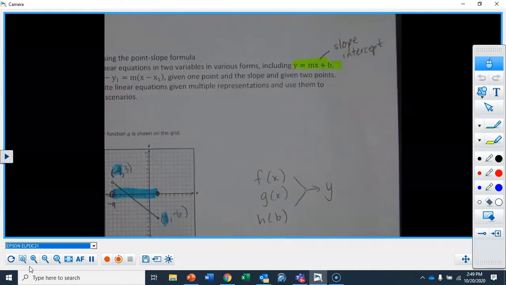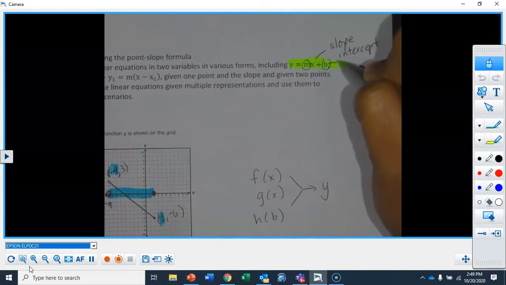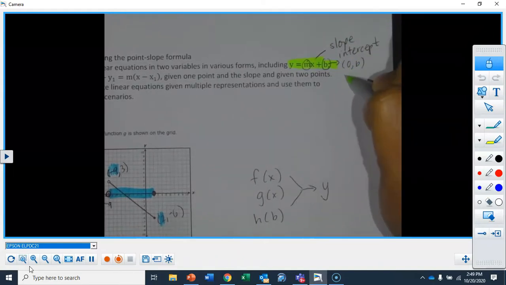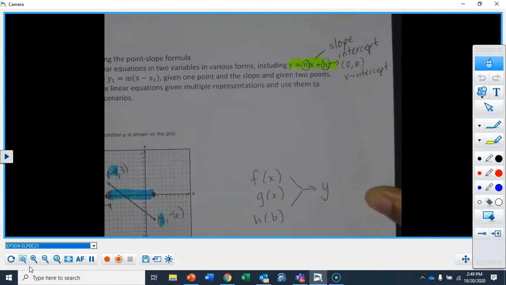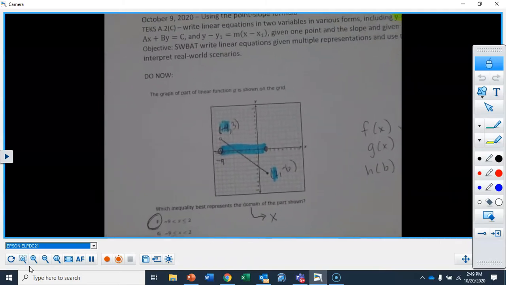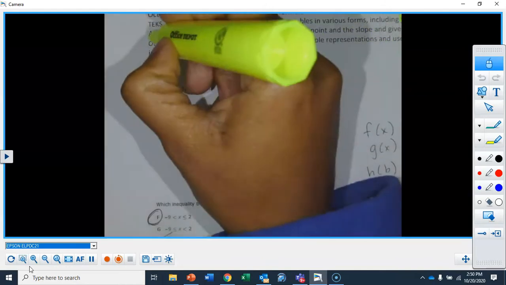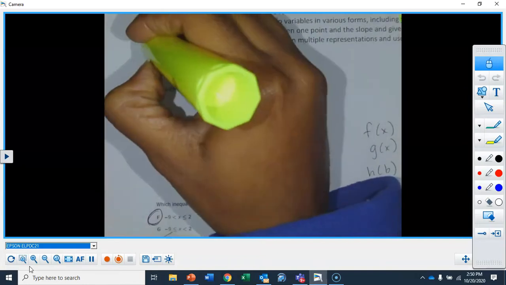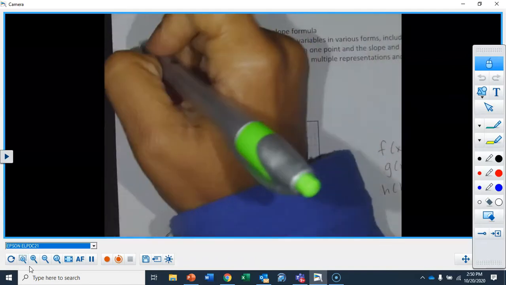And again, the reason why it's called slope-intercept, of course, is because m is our slope, and then right here, 0, comma, b is our y-intercept. That's why it's named that. Okay? The other way you have to be able to put your linear equation is in standard form, and we talked about that today. So this one right here, when it's ax plus by is equal to c, this one is in standard form.